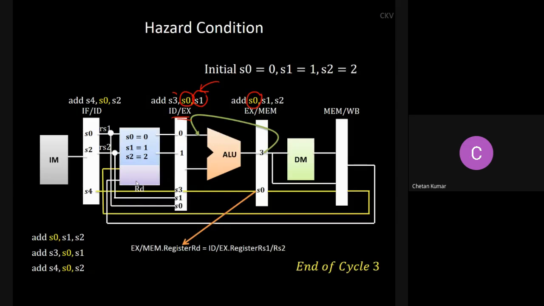Then I can make a comparison and check whether the destination field here is equal to the source field here. I'll check both sources, and see that it is matching. Only then will I send this value instead of this value. In other cases, I will not send. Only if the destination register in the EX/MEM pipeline register is matching with the source of the instruction in the ID/EX register.